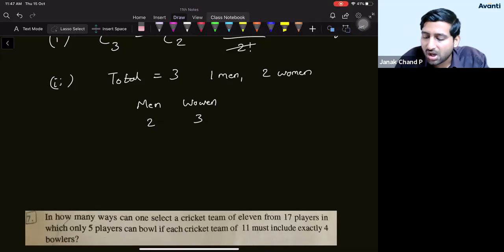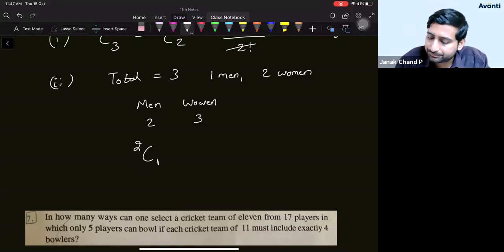That means out of these 2 men, I should take just 1 man. So I need to select 1 person out of the 2 persons. There are 2 male persons available, and from that I want only 1 man. So the number of ways of choosing only 1 man out of 2 men is 2C1.